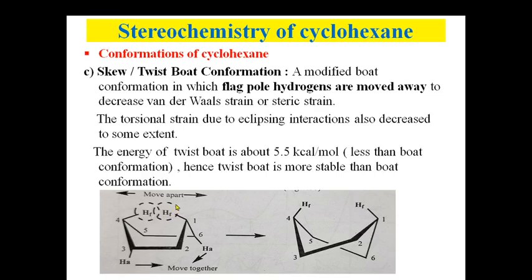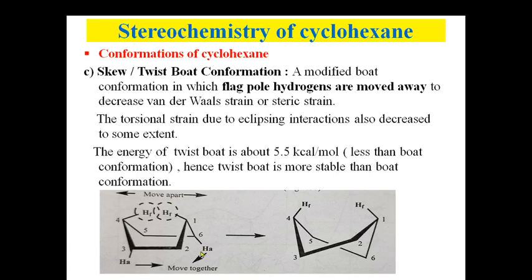So to avoid this flagpole interaction as well as the eclipsing pairs, these two flagpole hydrogens move apart from each other. How? By twisting this boat.